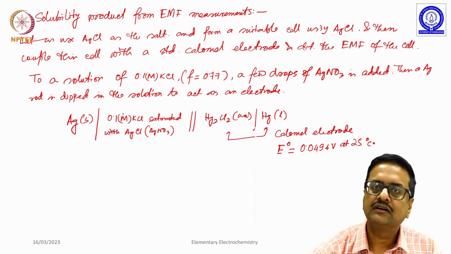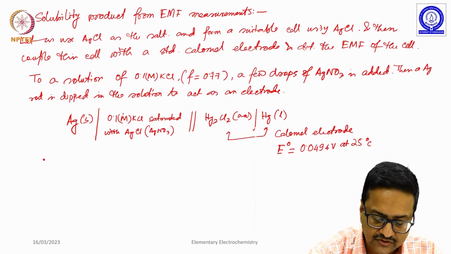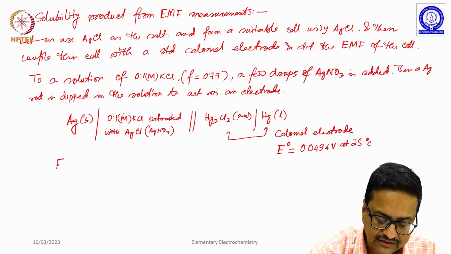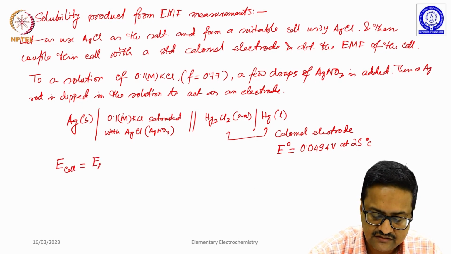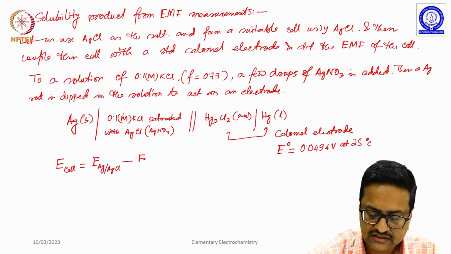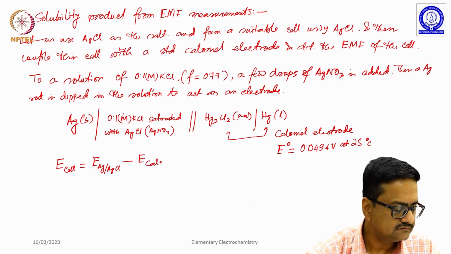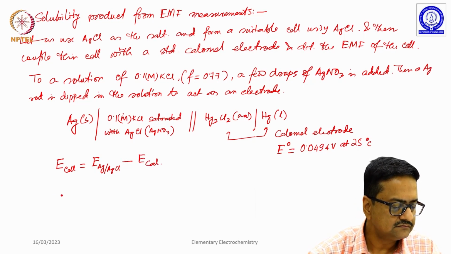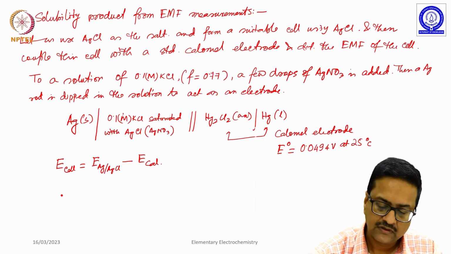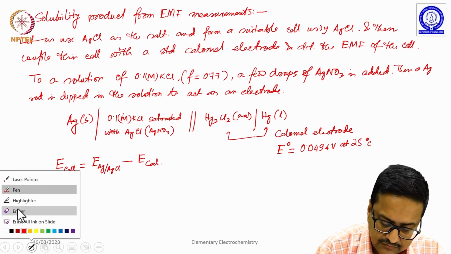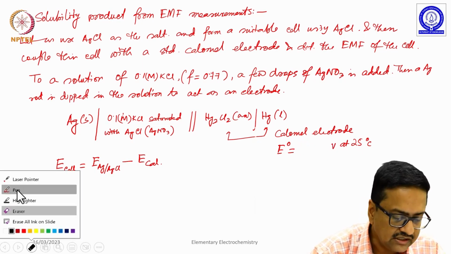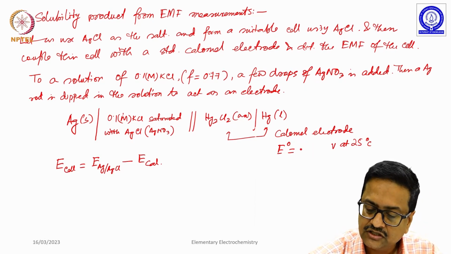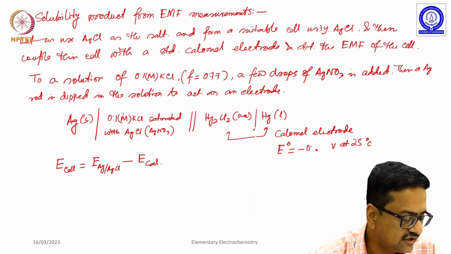So, now using our previous understanding of EMF of a cell, one can write E cell equal to E Ag AgCl minus E calomel, right? I am sorry, the EMF of calomel electrode is minus 0.3338 volt.